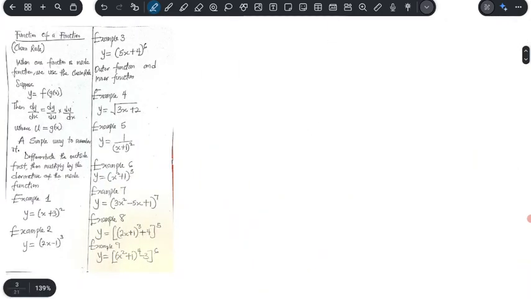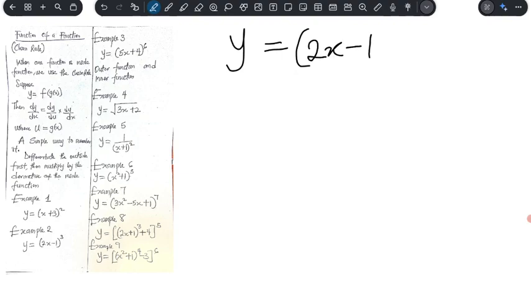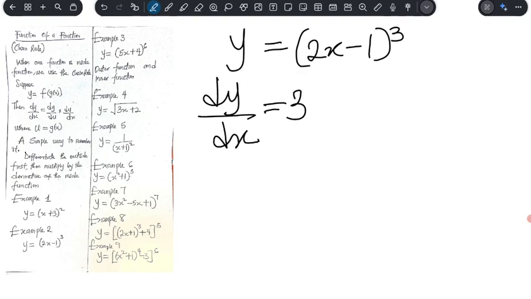Now, in example 2, we have y is equal to (2x - 1) cubed. So we want to apply what was said from the beginning: a simple way to remember is you differentiate the outside one. So dy/dx is equal to 3 times (2x - 1) squared.